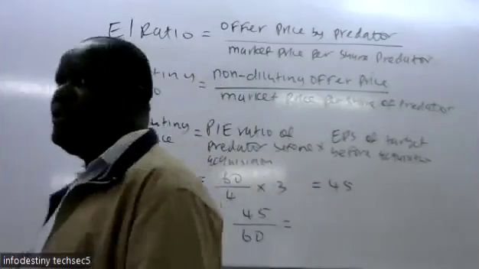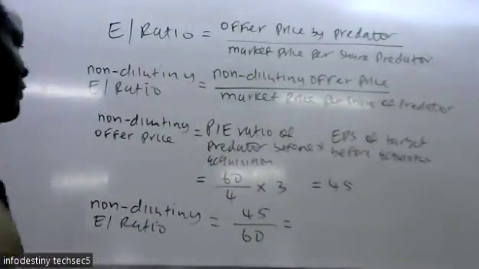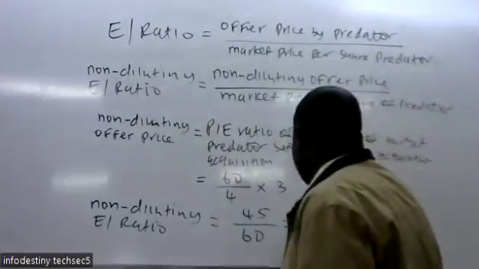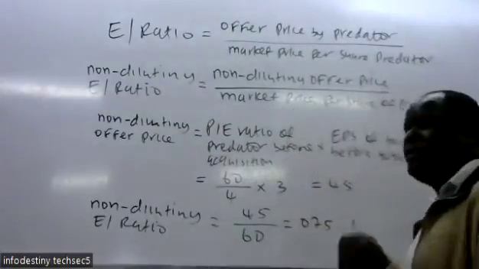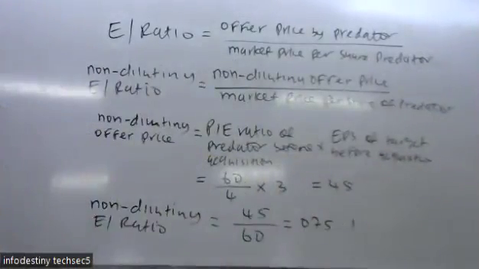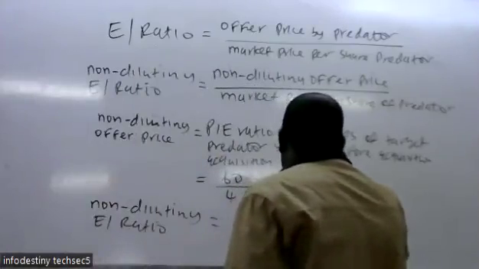So we get the exchange ratio 0.75. It should be a ratio, because we need to get them in terms of shares. So the ratio is 0.75:1.